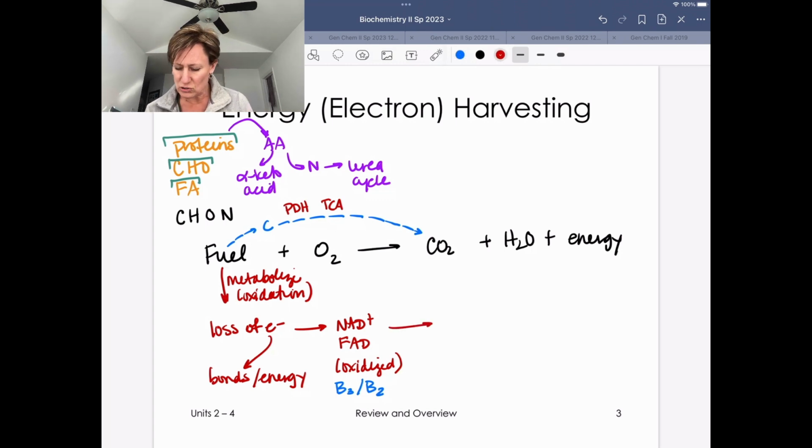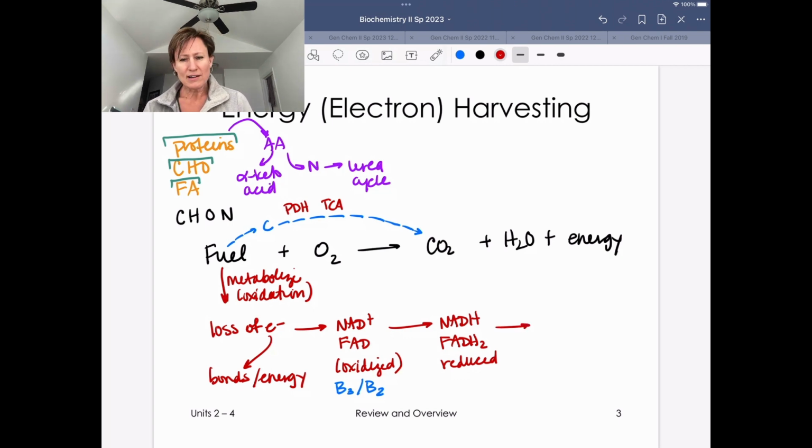When they take on those electrons, they're going to adopt their reduced forms. So NADH and then FADH2, so these are the reduced forms. And this is the way, again, of collecting and saving the energy of fuels as reduced coenzymes. I really should use the word coenzyme because we're referring to those B vitamins, okay?